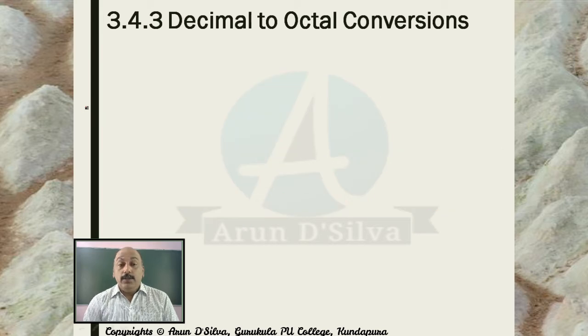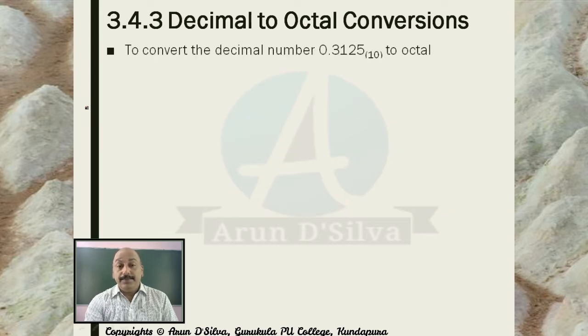Let me take an example. The decimal number is 0.3125. Now I want to convert it into the octal fraction part. As the procedure told us, we take this fraction and multiply by 8.